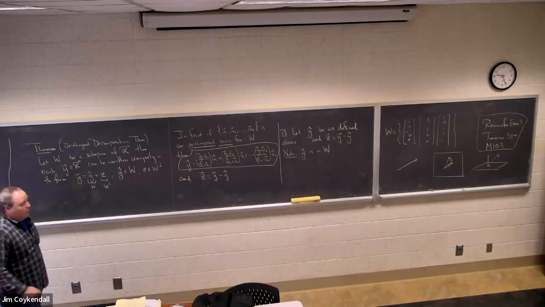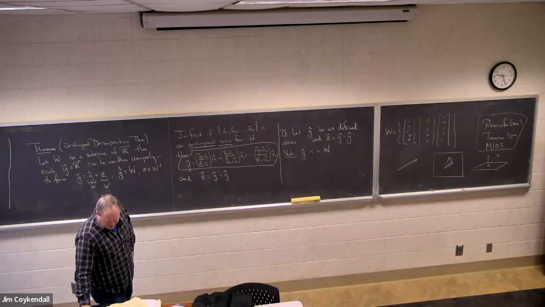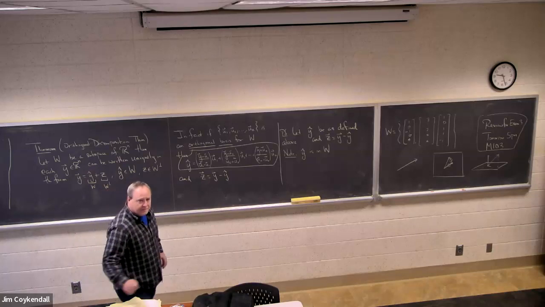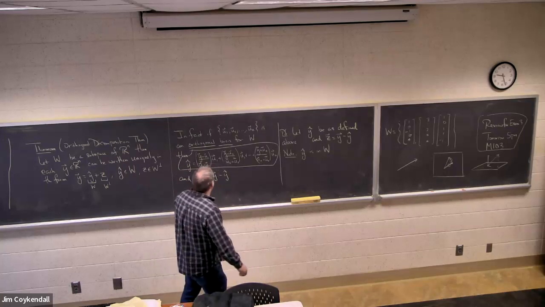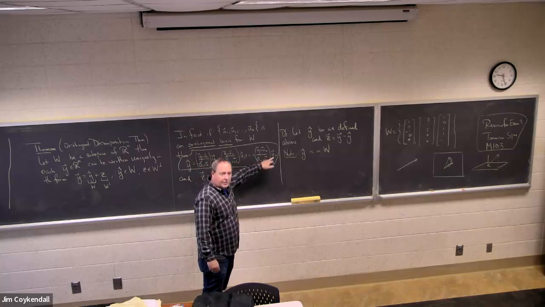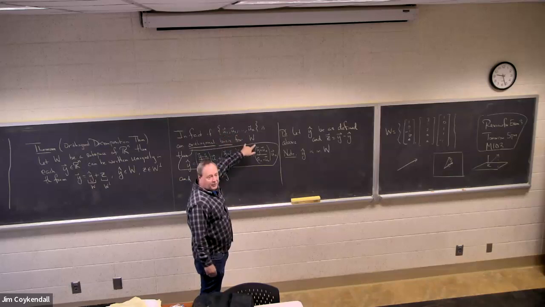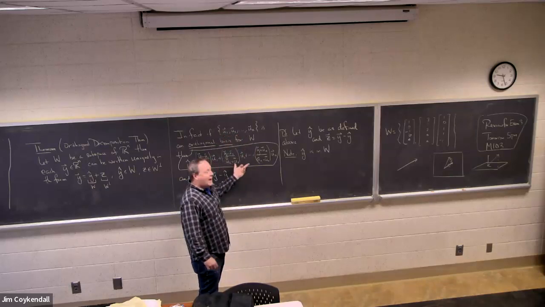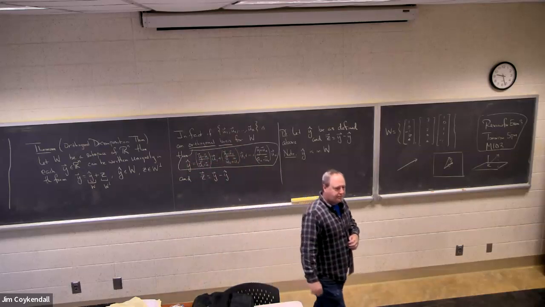It might be important to look at what y hat actually is. Yeah, because y hat is written as a linear combination. Absolutely. Notice this is just number times u1, number times u2, all the way up to number times uk. And these u1 up to uk are a basis for W. Hooray, I win. So y hat is a linear combination of the basis elements of W, so it's in W. Everybody agree with that?